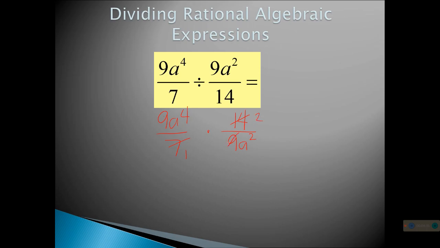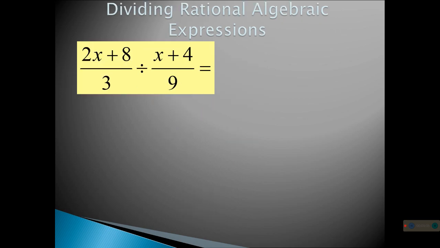Then 9 and 9 is 1. Then a to the 4th power divided by a squared will leave a squared. So your final answer here is 2a squared.